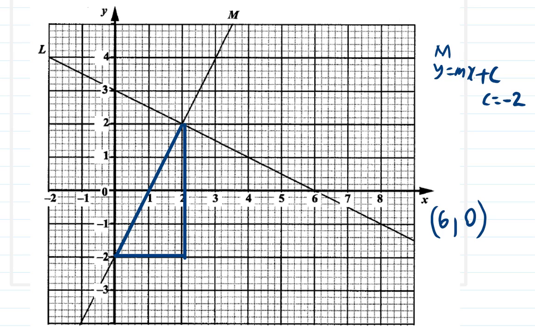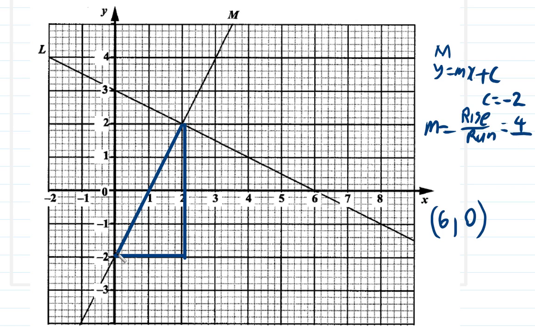Now, when you see the triangle, what you're going to have to do is to say m, the gradient, equals rise over run for that triangle. How much does it rise? The triangle between here and here rises 1, 2, 3, 4. So the rise is 4 over the run.